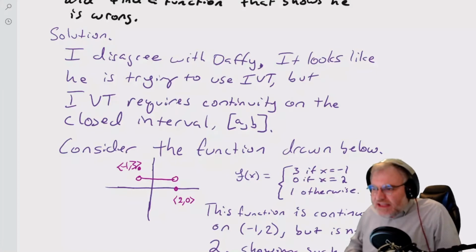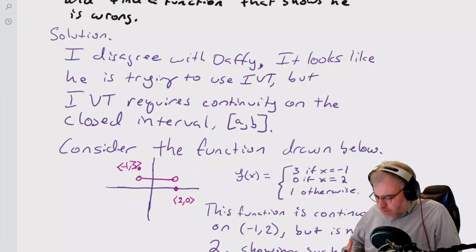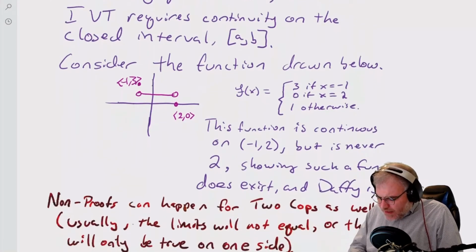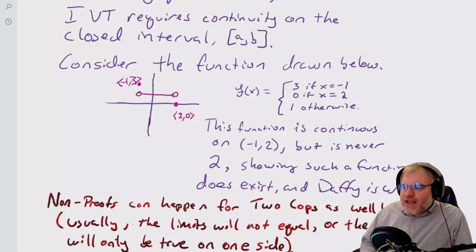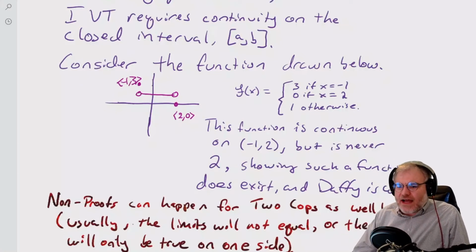You don't even need the statement, all you actually need is the drawing. This function is continuous on the open interval, but it's never 2. So Daffy is wrong. How do we feel about that, 1 to 5?